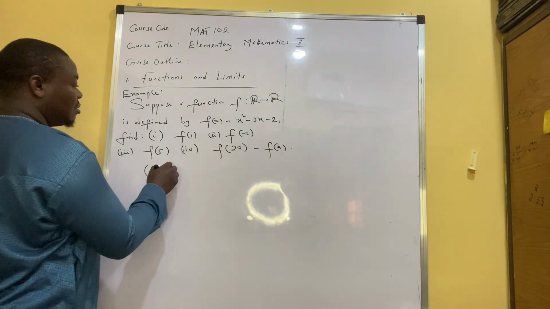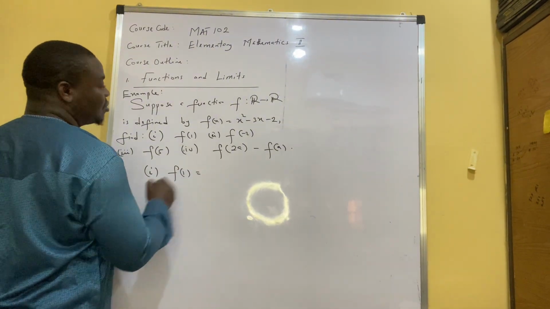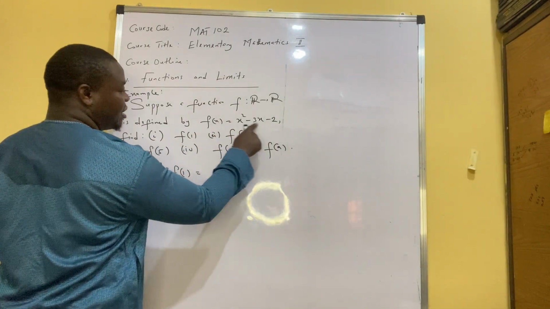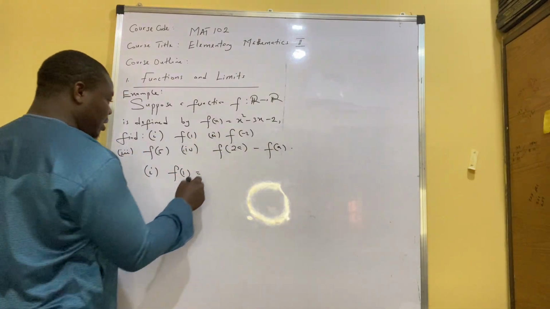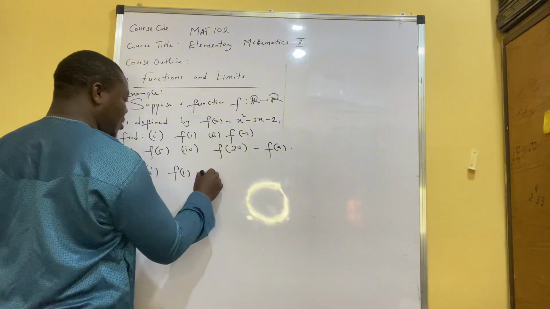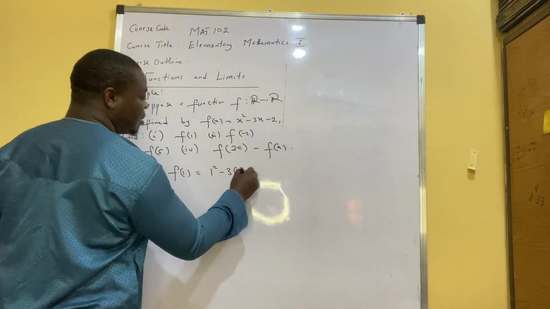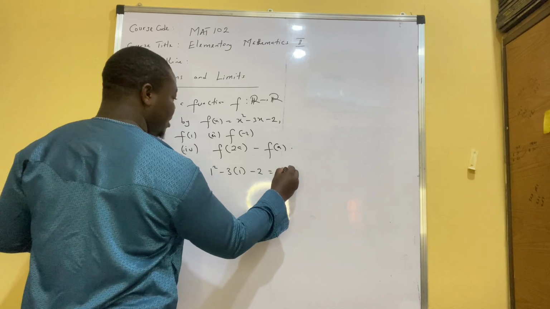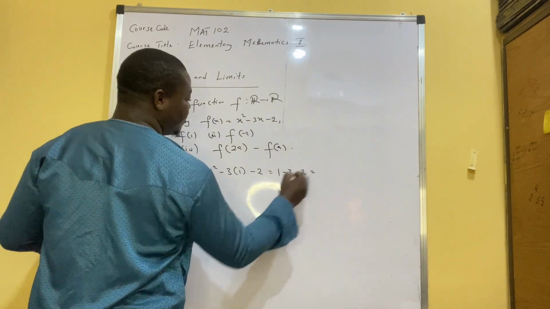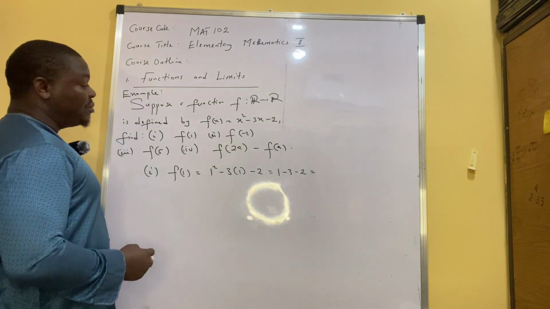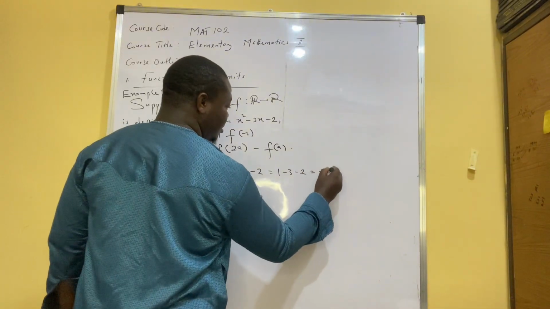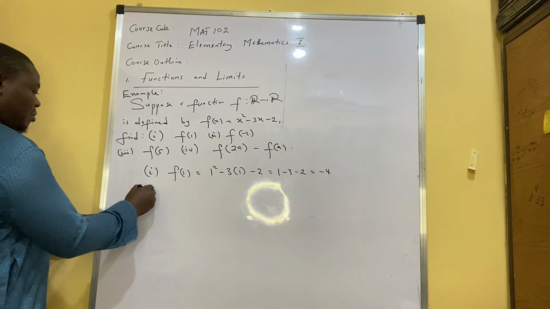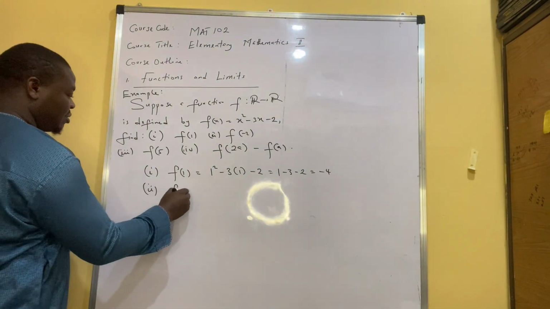First, f of 1 refers to whatever we see x in the definition of f of x, we replace with 1. Okay, so that we have f of 1 to be 1 squared minus 3 times 1 minus 2. So we simplify this so that we have 1 minus 3 minus 2. And if we go further by simplifying this, we're going to have this to be minus 4. Number 2, f of minus 2.